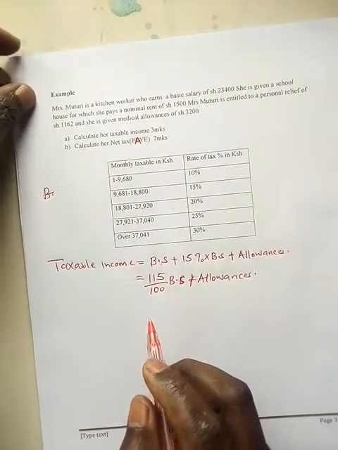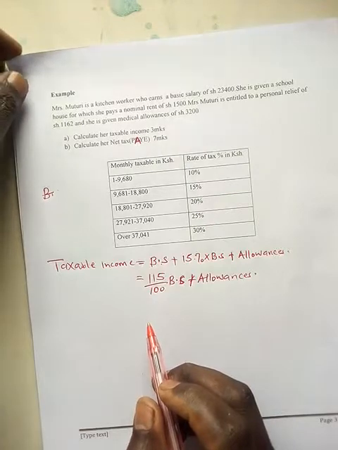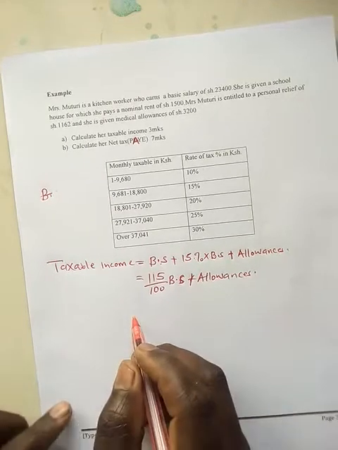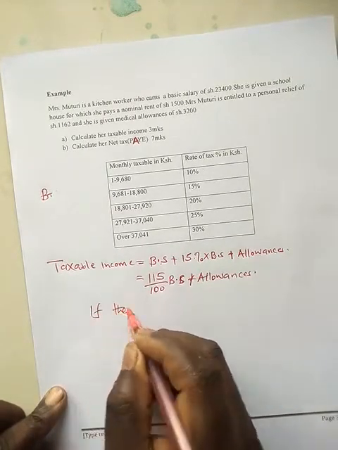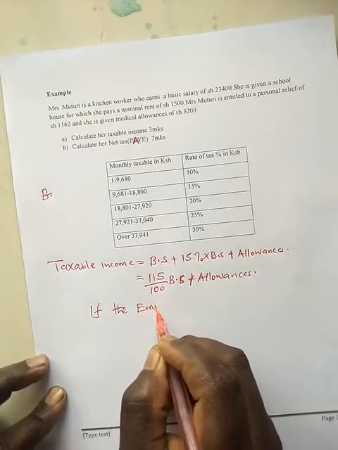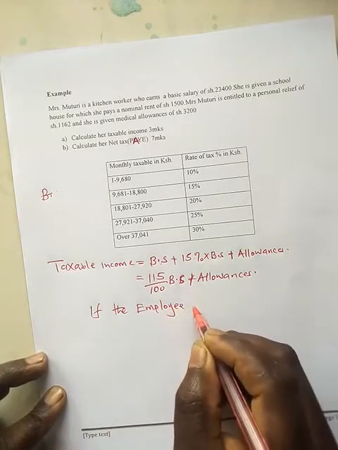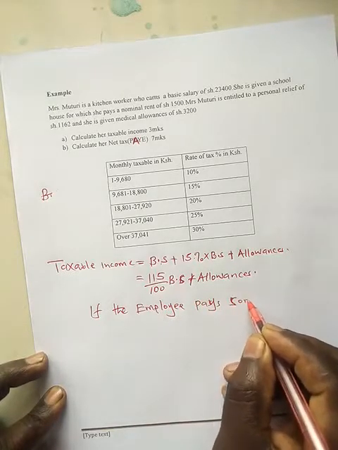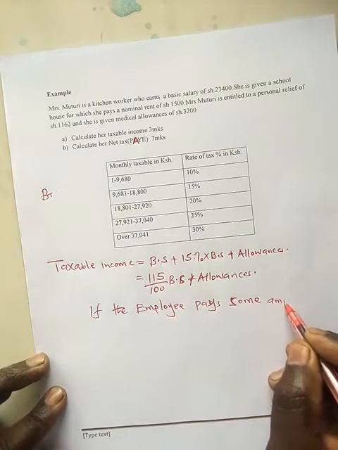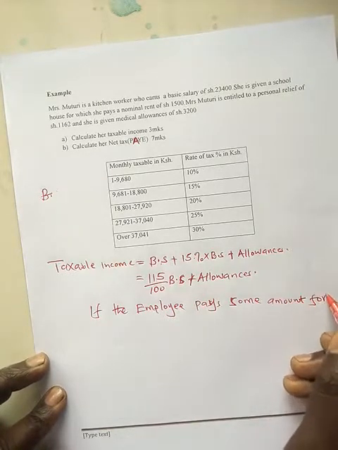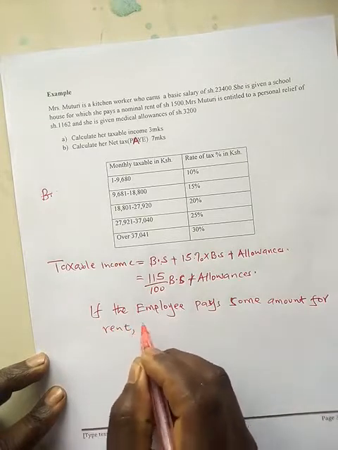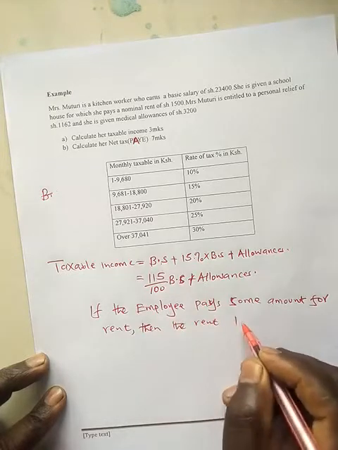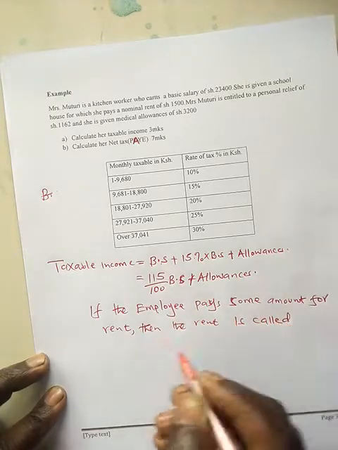Kama huyu mfanyikazi analipa nominal, hiyo nyumba yenye amepewa analipia kitu kidogo, some amount of money ambayo inaitwa nominal rent, basi taxable income will come if the employee pays some amount for rent, then the rent is called nominal rent.